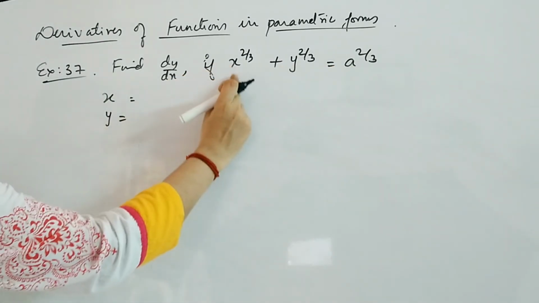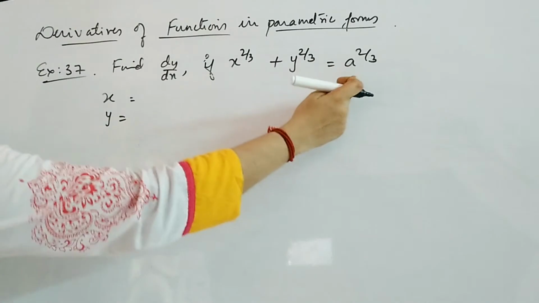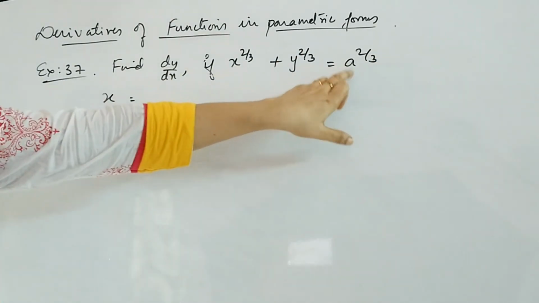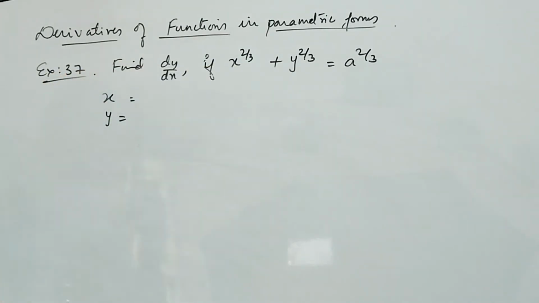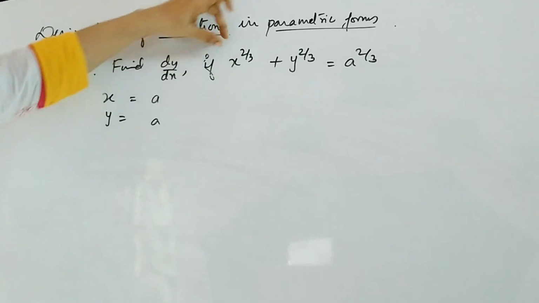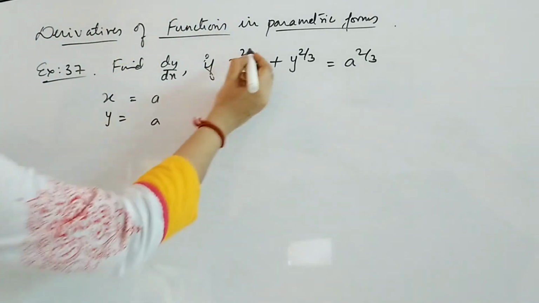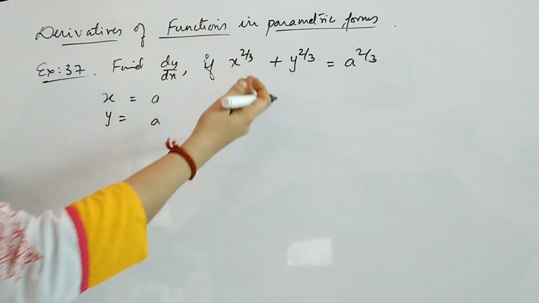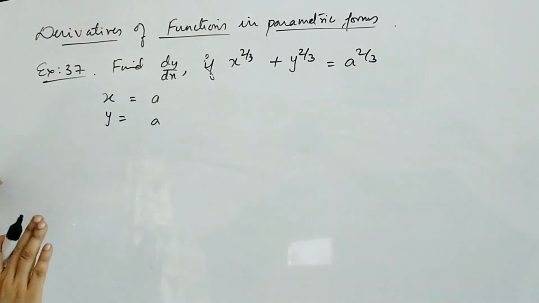That means while substituting x and y as something, you should get your answer to be a raised to 2 by 3. Now since you are getting a, in your x and y you should have some a. Understood? Now again whole square is there. We should see that in order to delete this raised to 1 by 3, we have to have something whole cube. Right?